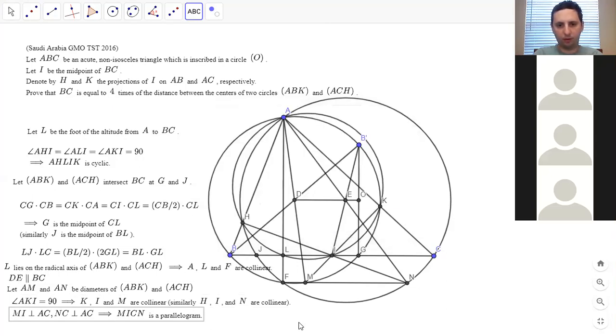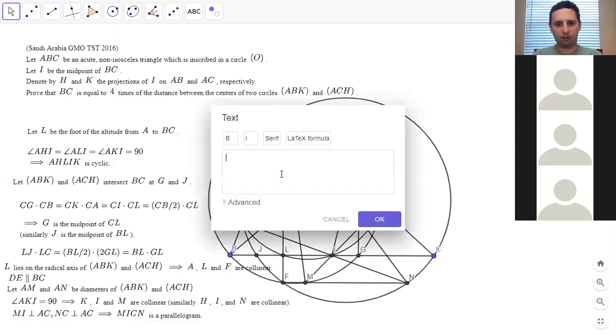Well, actually, we probably knew that. Do we even need that it's a parallelogram? Yeah, because we need MN is equal to IC. So we have BC equals 2IC equals 2MN, which is equal to 4DE. All right, that was a fun one.